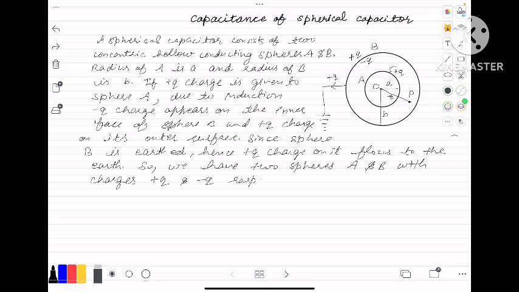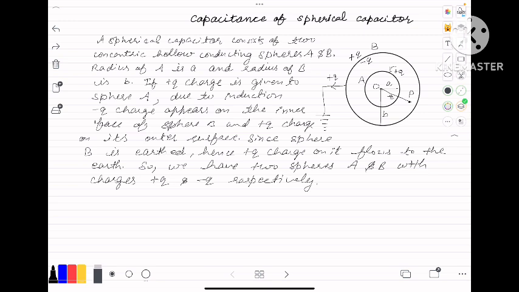Okay. Now, due to plus Q charge on A and minus Q charge on B, an electric field exists between these two spheres. Okay, and a potential difference also exists between these spheres.